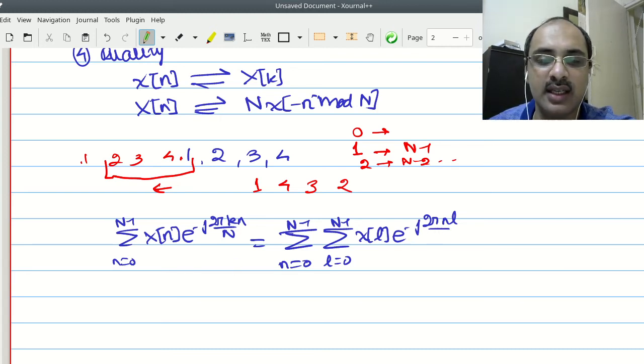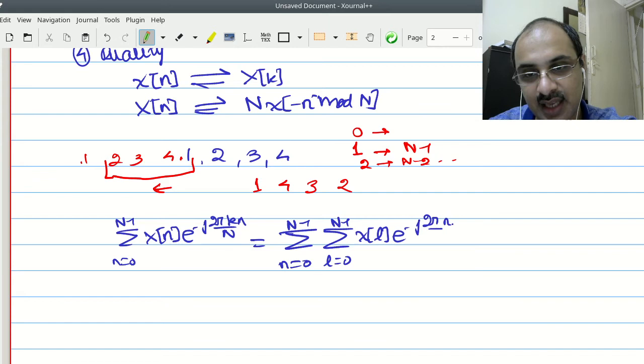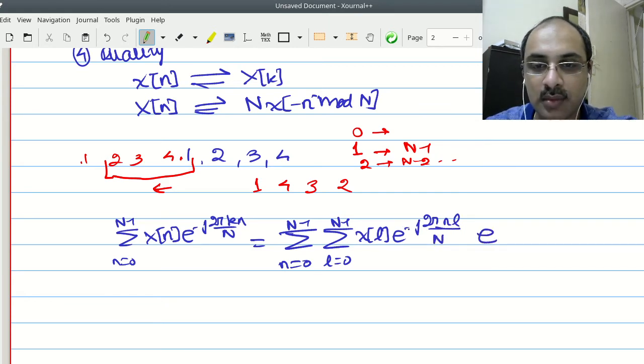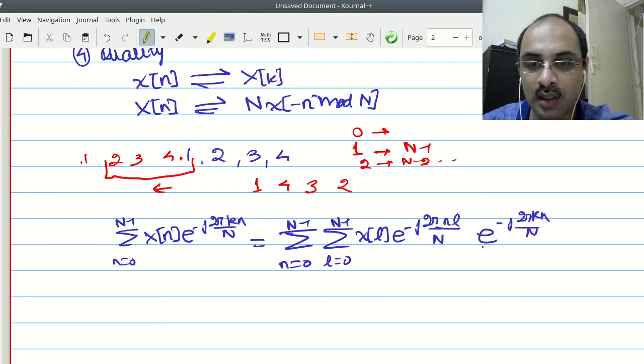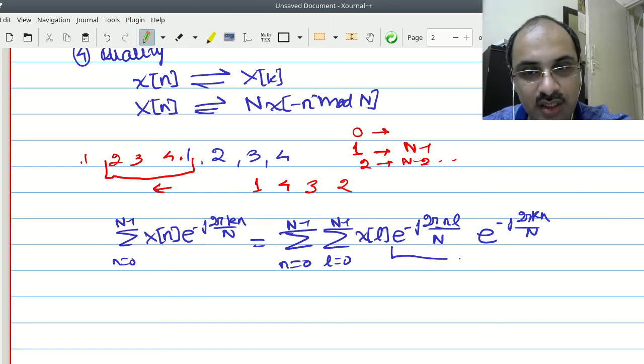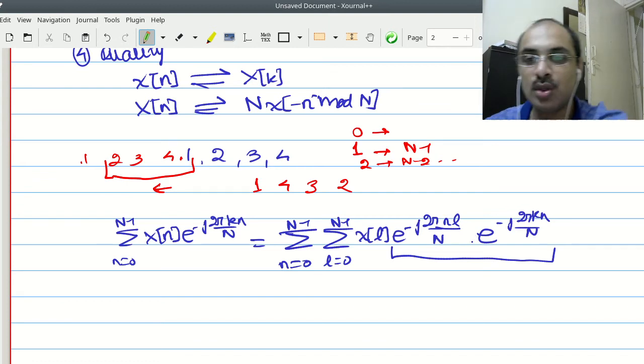So I have this multiplied by e^(-j2πkn/N). Now the trick, and I want you to try this on your own, is to prove that if you find the summation using this, you will find that most of the terms go to 0 except for the case when n is equal to minus l.